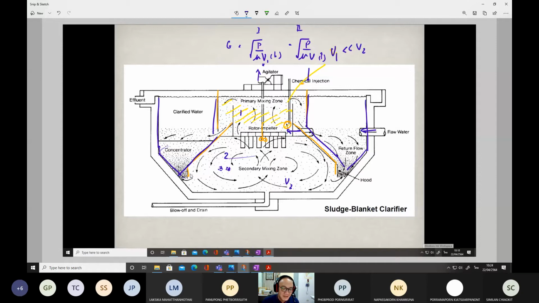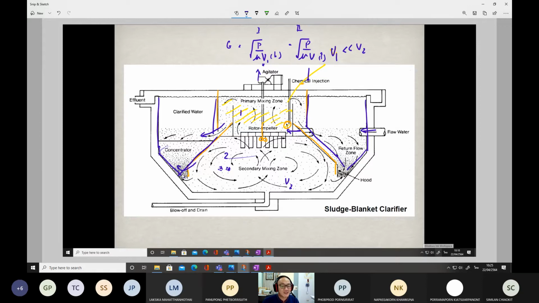Water which has been mixed and in which flocs are formed will move out to the outer compartment, and some comes out like this. All the suspended particles will accumulate here. The sedimentation process is expected to occur in the outer compartment.